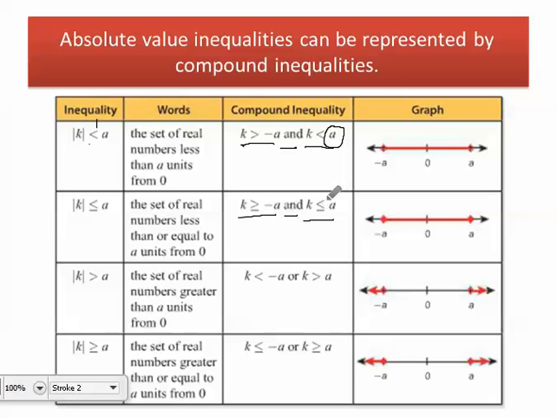Oops, circling the wrong one. Over here, ors, disjunction. When you flip the sign, you flip the sign. That's the way the ors work.